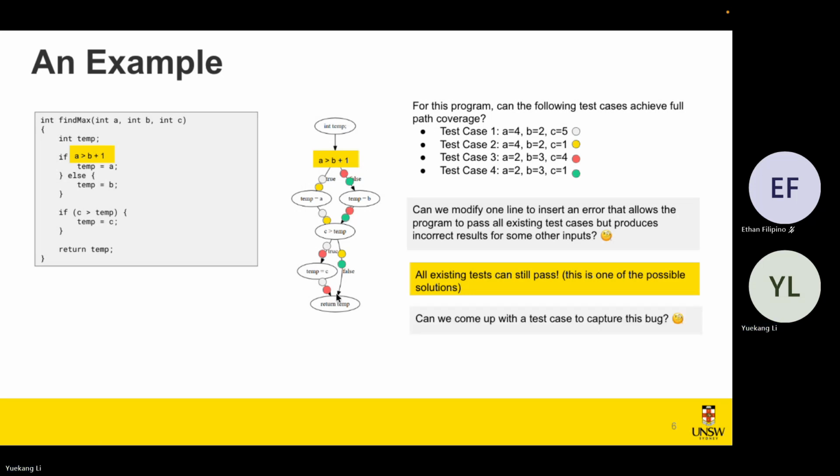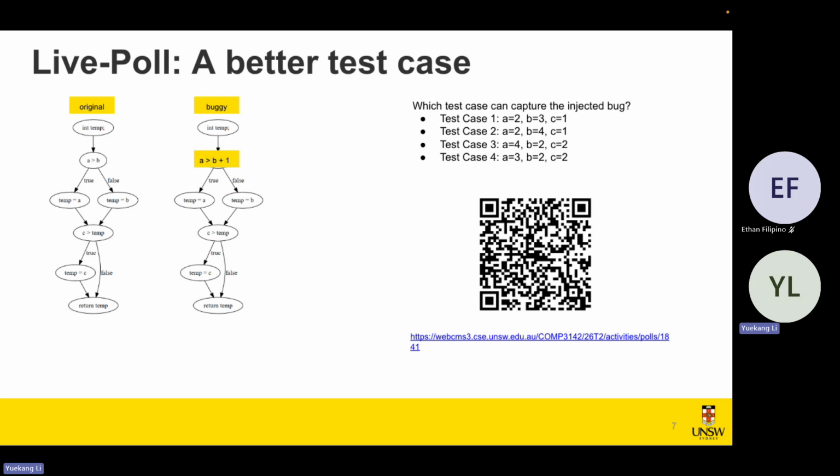So can we come up with a test case to capture the injected bug, the bug we just created? Let's do a warm-up live poll. Instead of asking you to try out any test case, let's limit our selection to these four options.